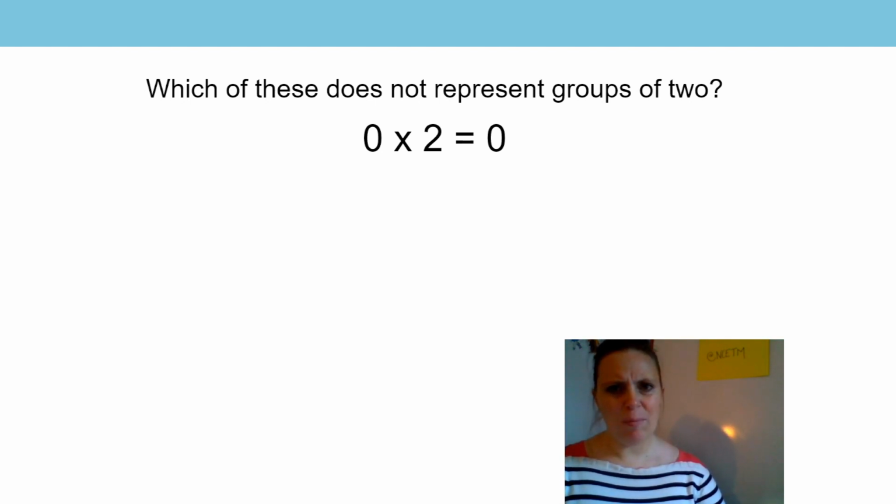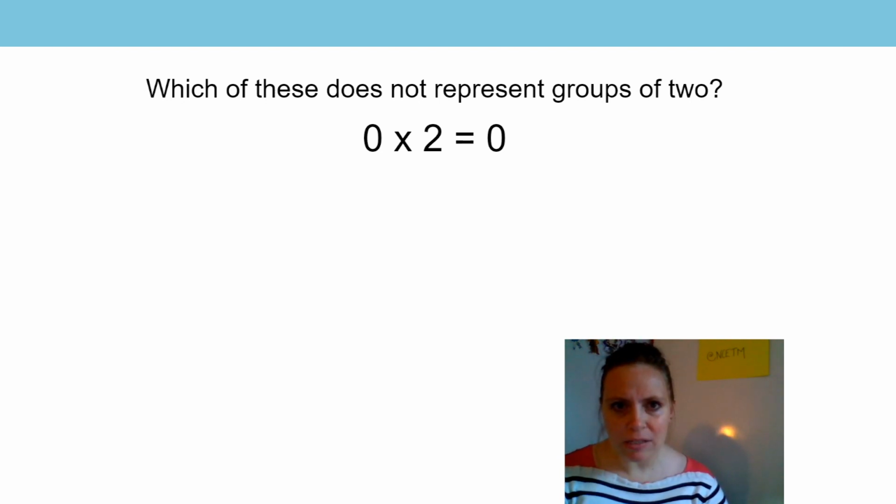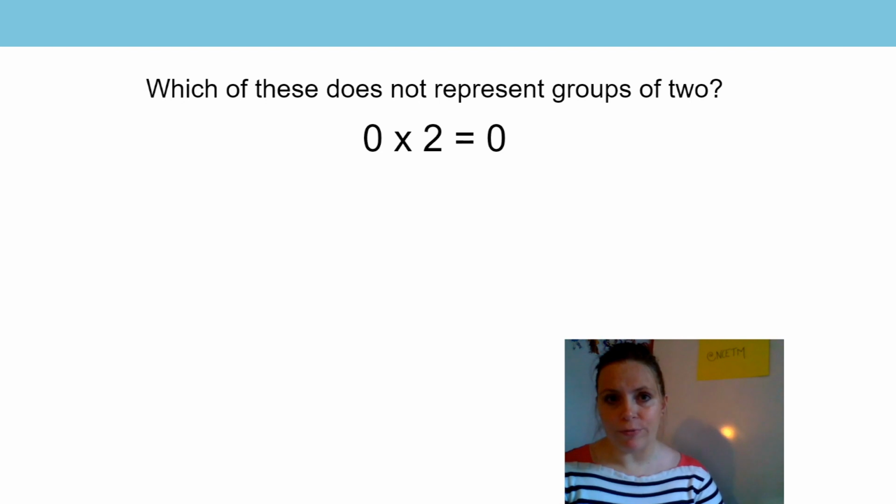And how many in each group? Well, in each group there's 2, but there's 0 of them. Can we draw it? We can't draw it because there are no groups. But if we could, we'd draw a group of 2. So this equation, it does represent groups of 2. There are just no groups of 2.